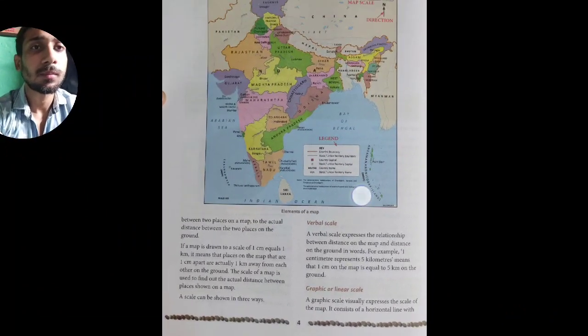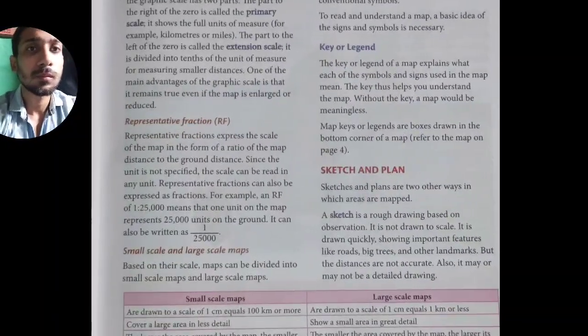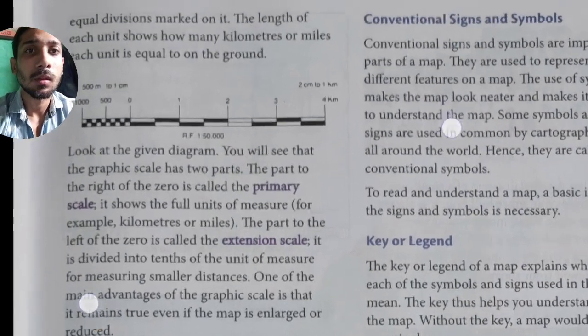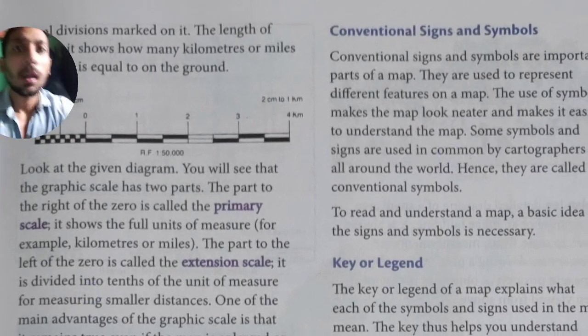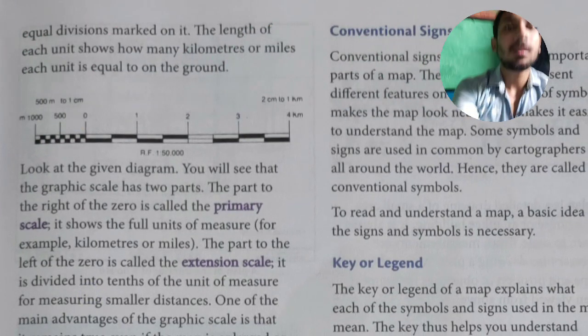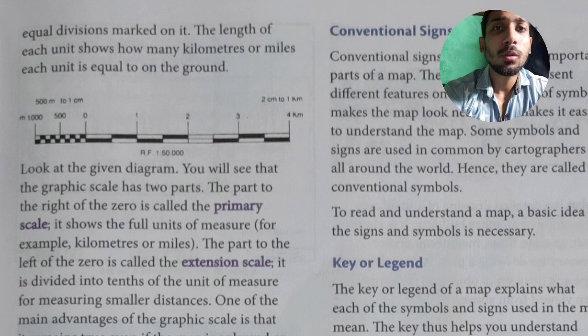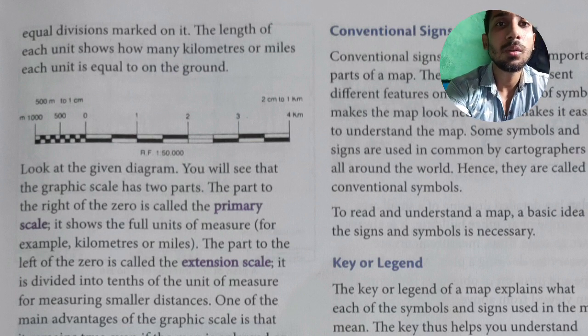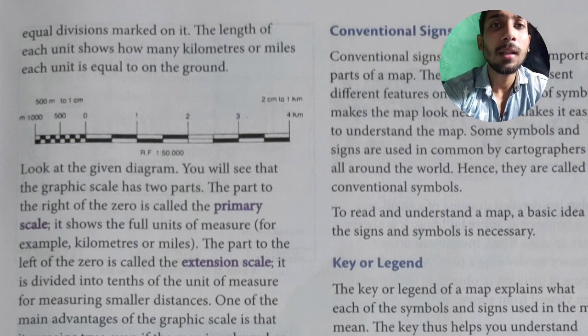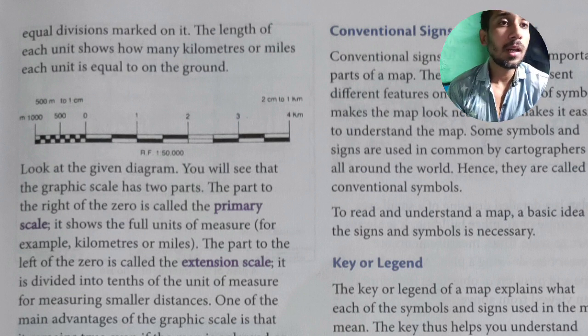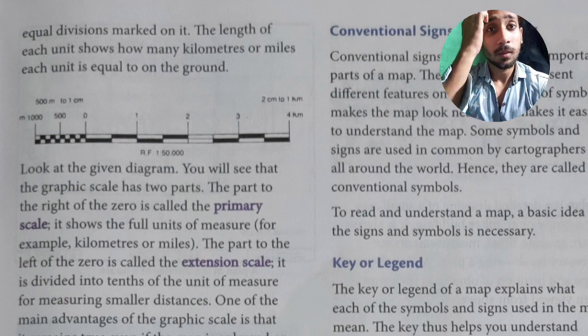So as you can see, this is the marking which you will get on your map, okay. So the length of each unit shows how many kilometers or miles each unit is equal to on the ground. Means this measurement will tell you the length of each unit, that how many kilometers are plotted on the map, so that you can read it very clearly and carefully, okay.